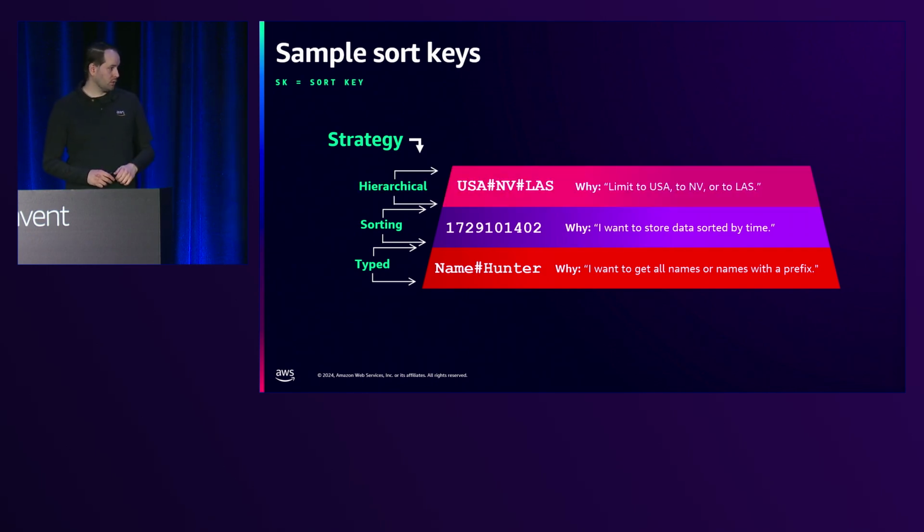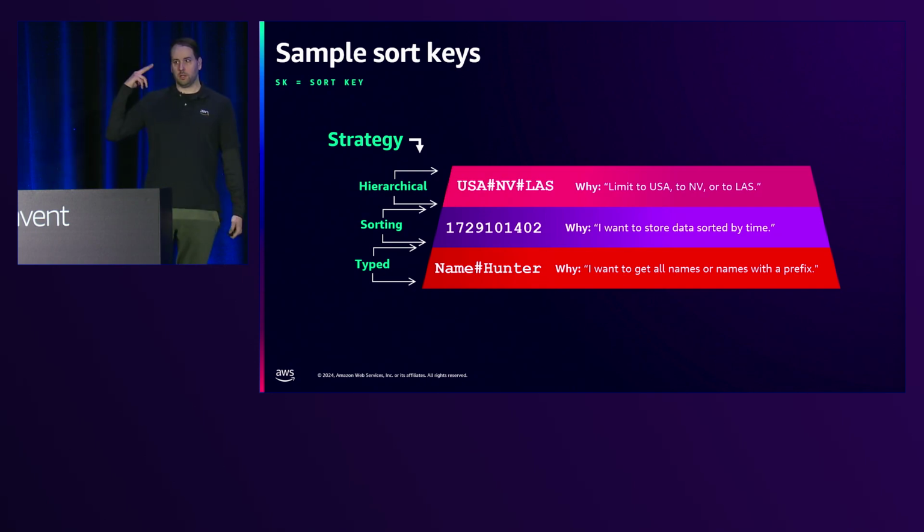Another way that you can construct your sort keys is you can create them hierarchically. So often we need to store related data together, and we have something that we know, like a geography. So there's United States, then there's a state, and then there's a metro area. And so you can write the, let's say, inventory information under a key like this, under Las Vegas, Nevada.